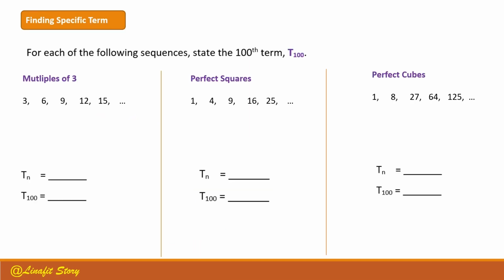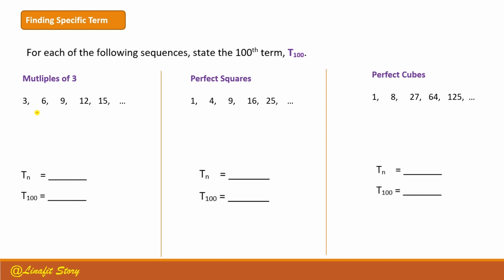Finding specific term. For each of the following sequences, state the 100th term, T100. The multiples of 3: 3, 6, 9, 12, 15.